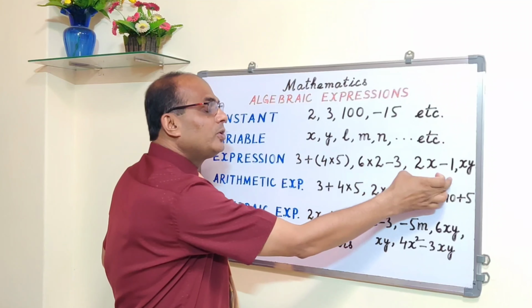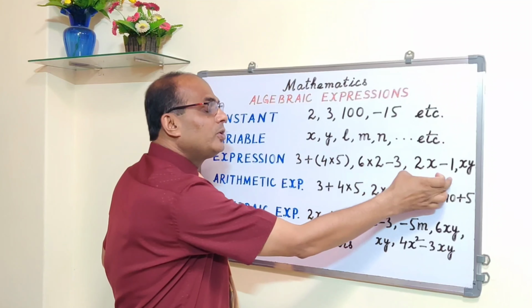Here there are two terms in this algebraic expression, so it will be a binomial. Again, this is a monomial. Alright. So I hope expression, arithmetic or number expression and the algebraic expressions are very, very clear. And please remember that terms are added to form an algebraic expression. Fine.